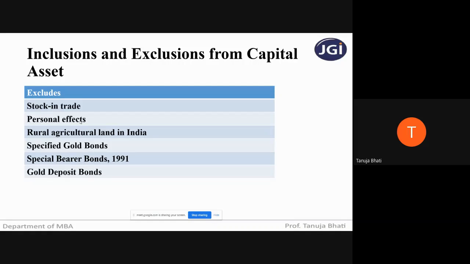So if Aishwarya Rai is selling her jewelry, she will be liable to capital gains tax, because personal effects exclude jewelry, paintings, archaeological collections, sculptures, drawings, and any piece of art. Any piece of art is excluded from the personal effects definition. Therefore, it will be chargeable to tax.